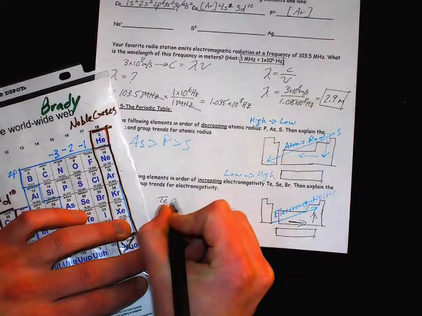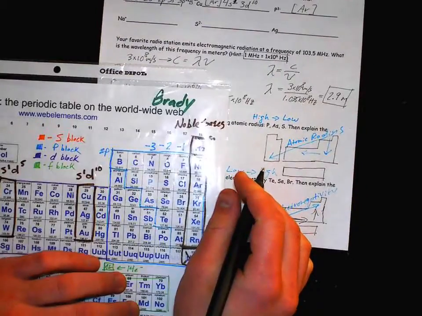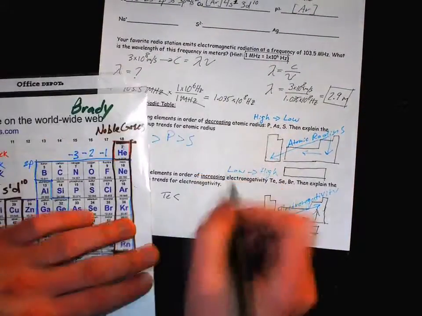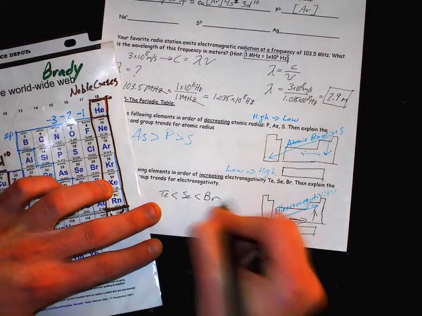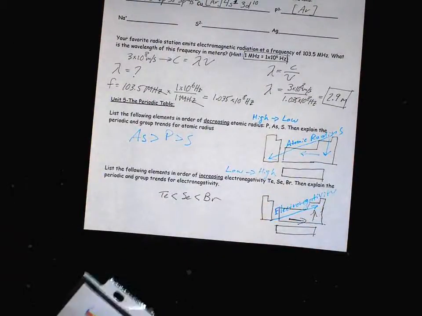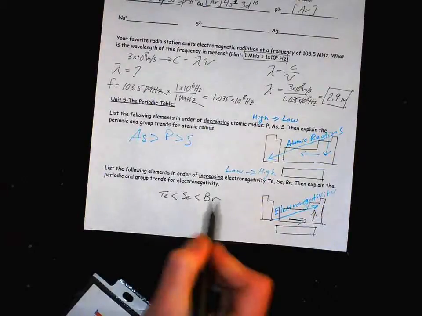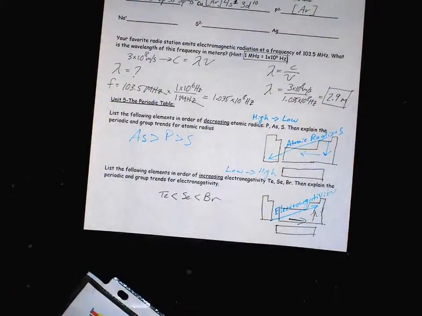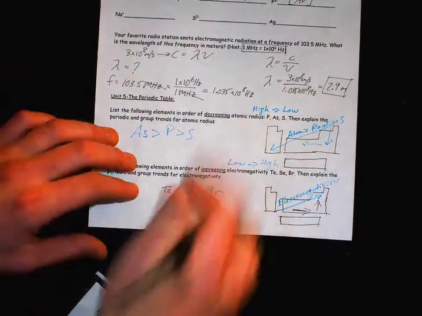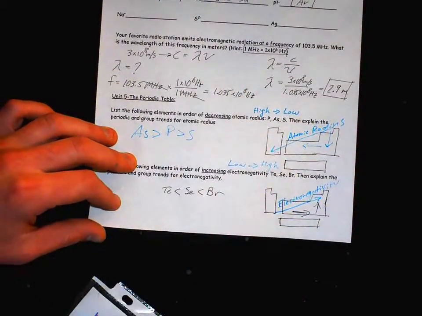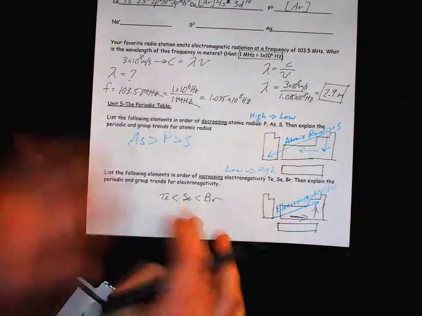Okay, this one is smaller in electronegativity value than selenium, which is further up. And then the one that's furthest to the right and highest is bromine. So these go in increasing order. So bromine being the highest electronegativity. So the most difficult part of these problems is make sure you don't mix up the decreasing and increasing order, and that you get the trends going in the right direction.